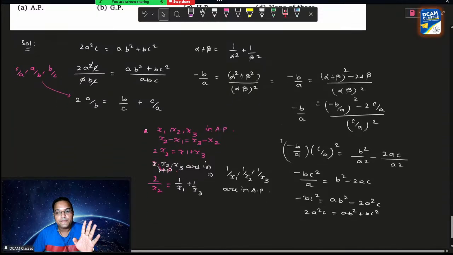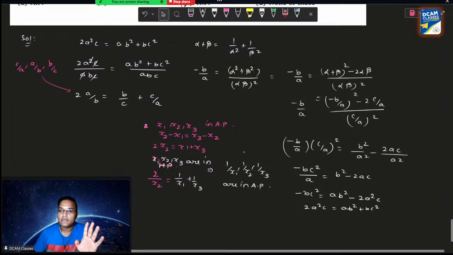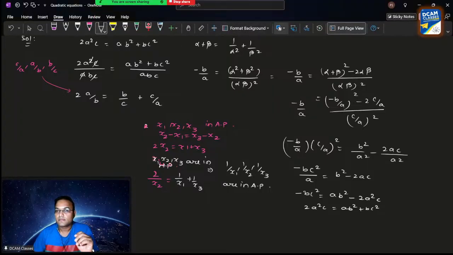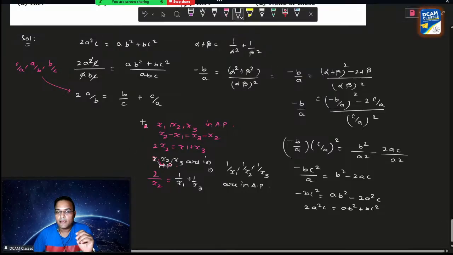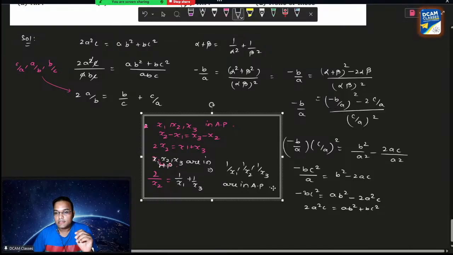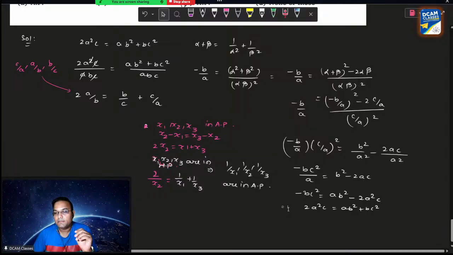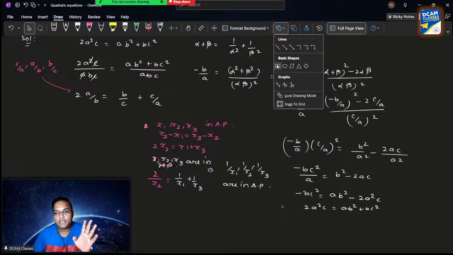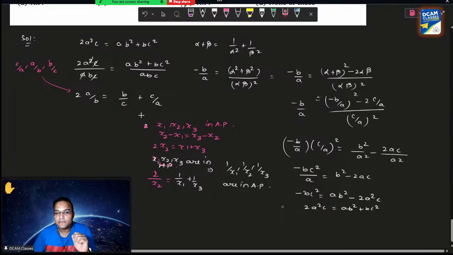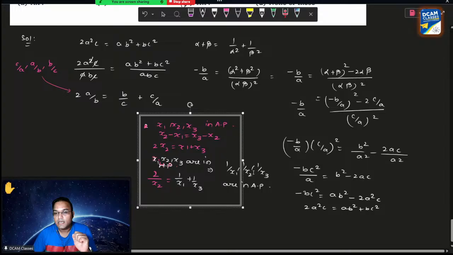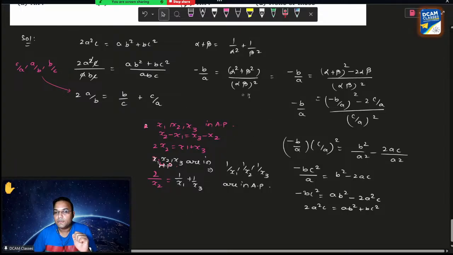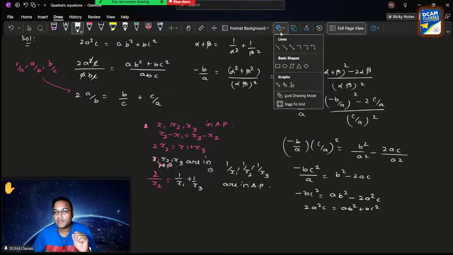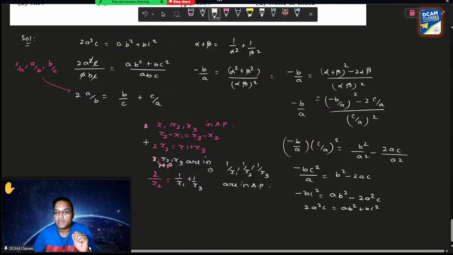Is it okay? This AP, HP, understood? Not confusing now? The way I have told you might be confusing, but let me make it simple. Whenever you see any three terms in HP, harmonic progression, your practice should be to take the reciprocal of the individual terms.